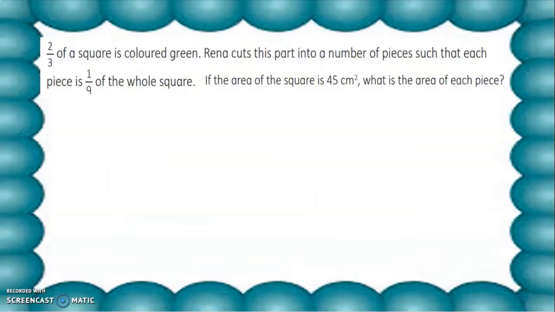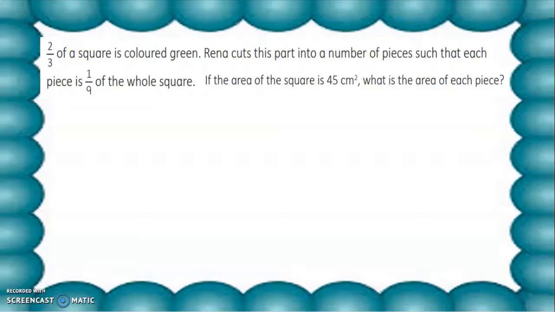So let's answer this two-step word problem. Two-thirds of a square is colored green. Rana cuts this part into a number of pieces such that each piece is 1/9 of the whole square. If the area of the square is 45 square centimeters, what is the area of each piece?